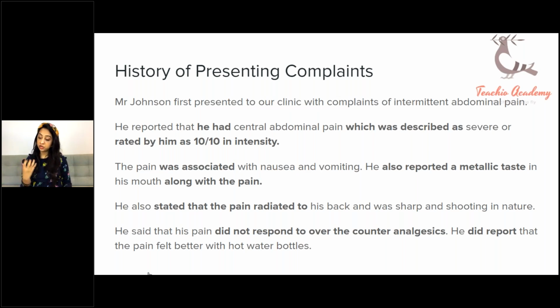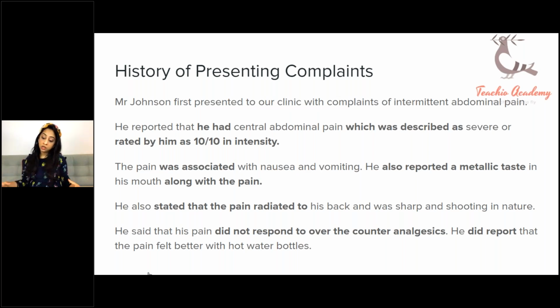So if the patient is describing the pain in certain ways, then you're going to write, he described the pain as if an elephant was sitting on top of his tummy. So if the patient is describing a pain in certain words which aren't really proper English, what you can do is that you can write that the patient described the pain as, in quotes, something sitting on top of his chest.